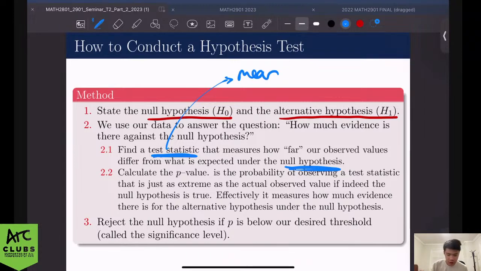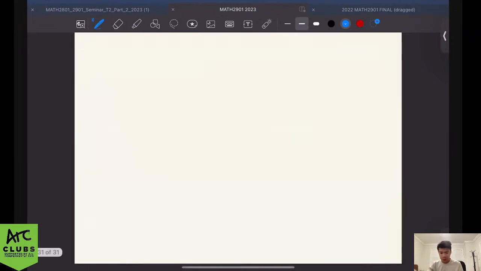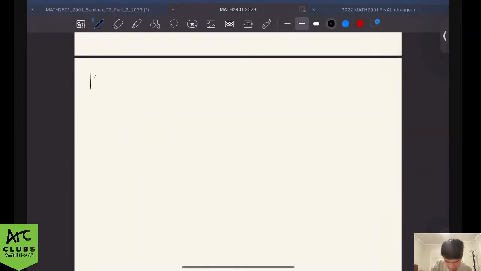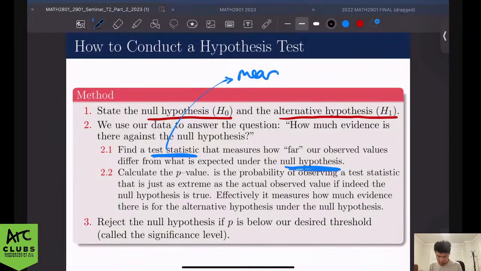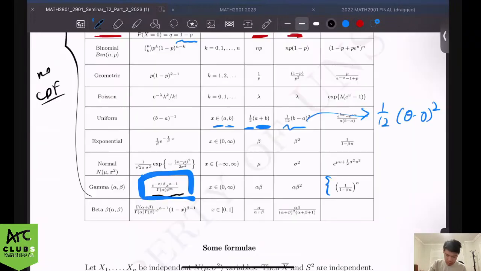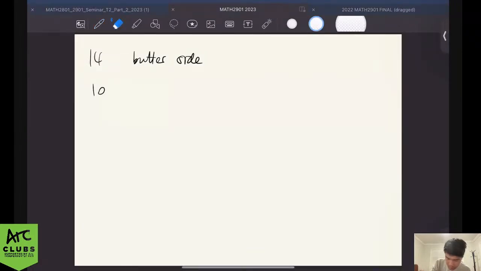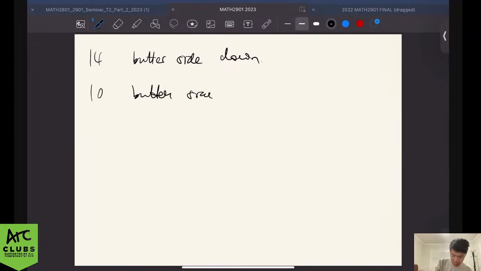Let me do this on a new page. So let's do this example. 14 landed bottom side down, 10 landed bottom side up.